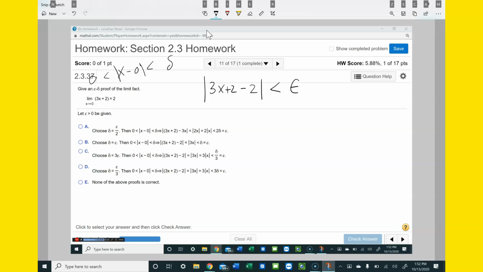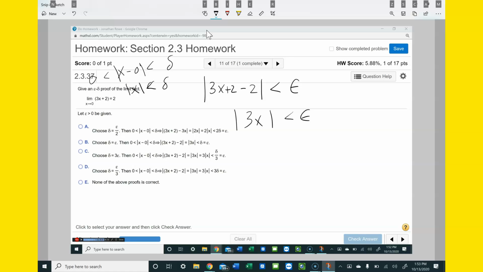So let's simplify that. 3x plus 2 minus 2, that's just going to be 3x. Absolute value of 3x is less than epsilon. By the way, this simplifies as well. It just simplifies to the absolute value of x is less than delta.